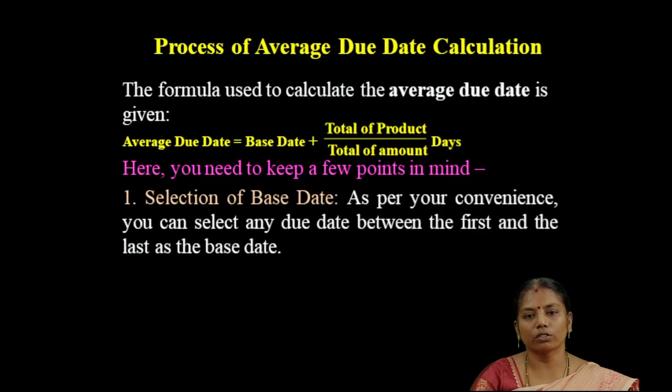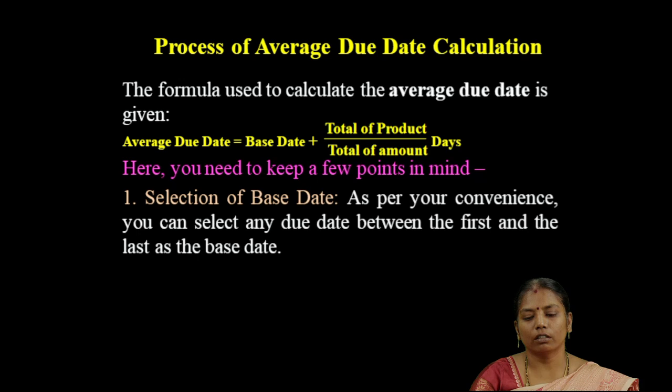Next, the process of average due date calculation. The formula for calculating average due date is base date plus total product divided by total amount. We have to keep a few points in mind. First is the selection of base date.